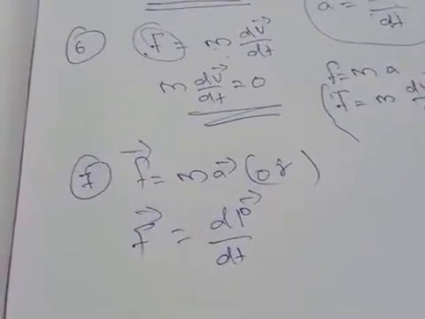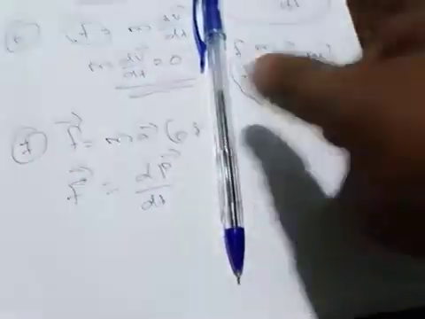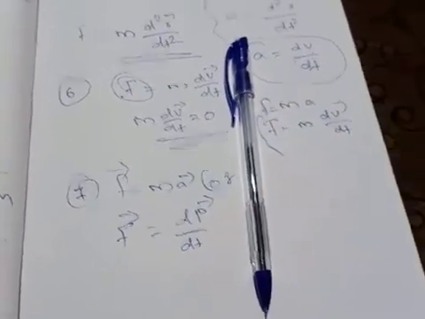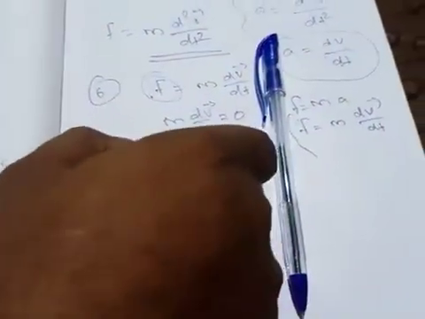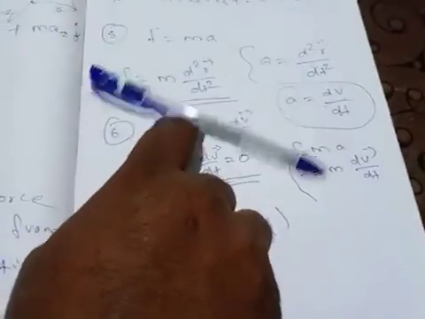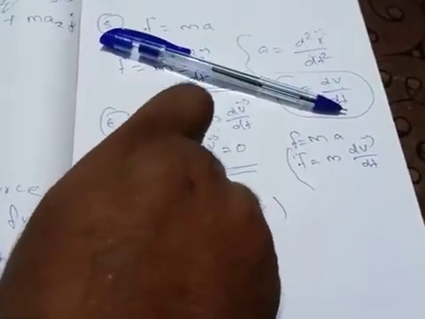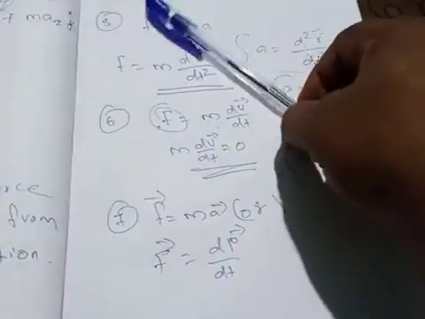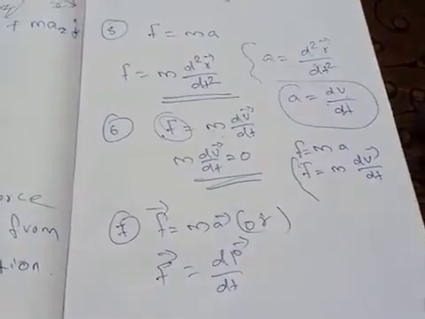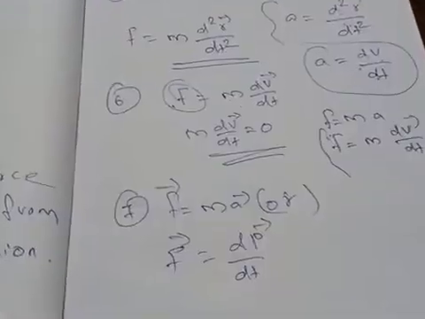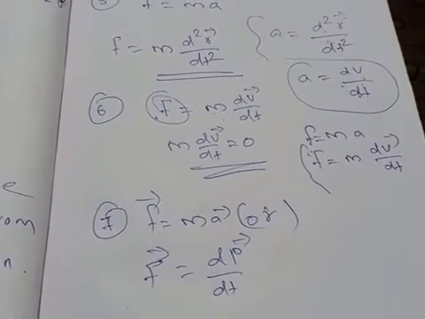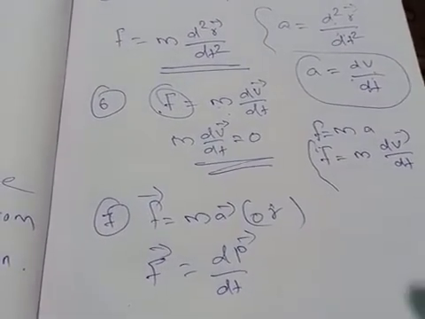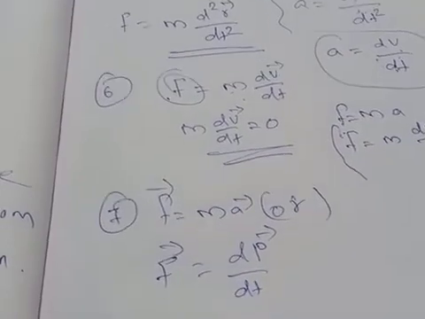Assume that one object is there and I am applying a force on this object. This force is the cause, and it is moving, so this acceleration is the effect. That is the last point: Newton's second law is a cause and effect relation.